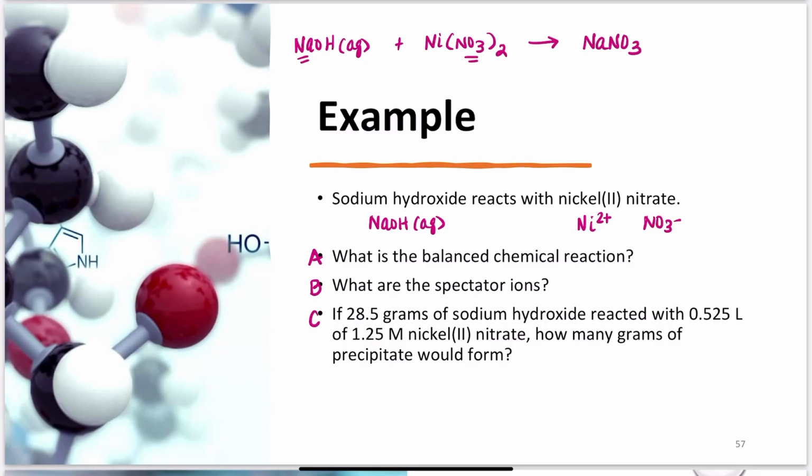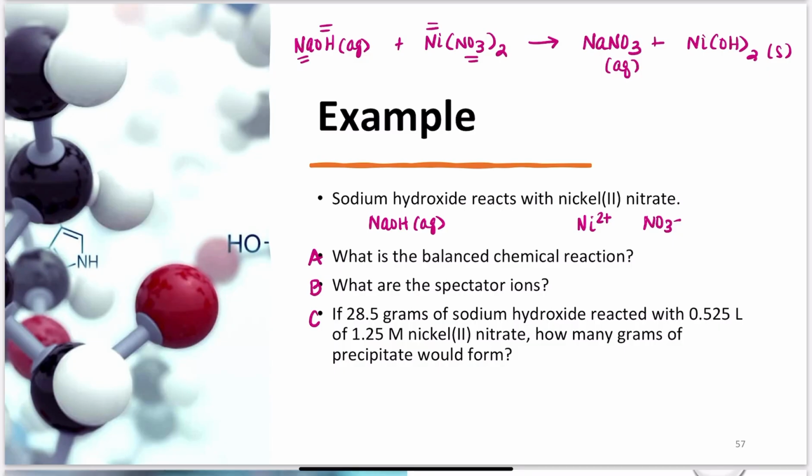Sodium is +1 charge, nitrate's a -1 charge, so 1-to-1 ratio. And nickel to hydroxide. For every 1 nickel, I need 2 hydroxides. Now, I know sodium nitrate is soluble. I know most of my hydroxides are insoluble. Exceptions to this are my strong bases, but this is not a strong base, which means this is also insoluble.